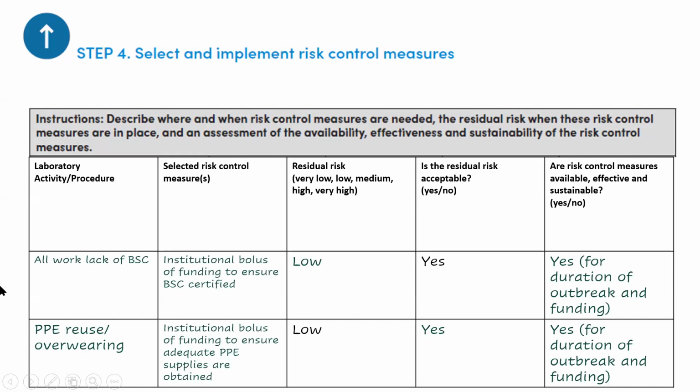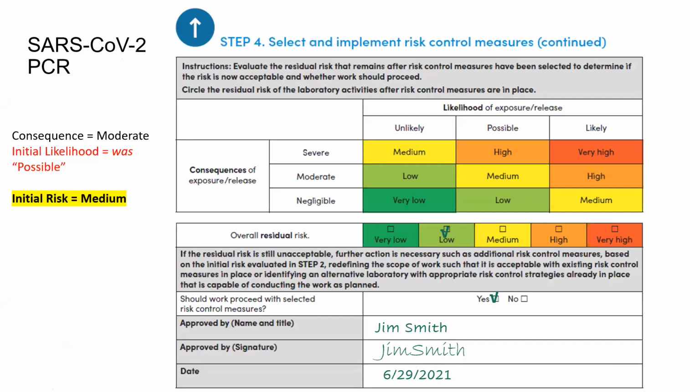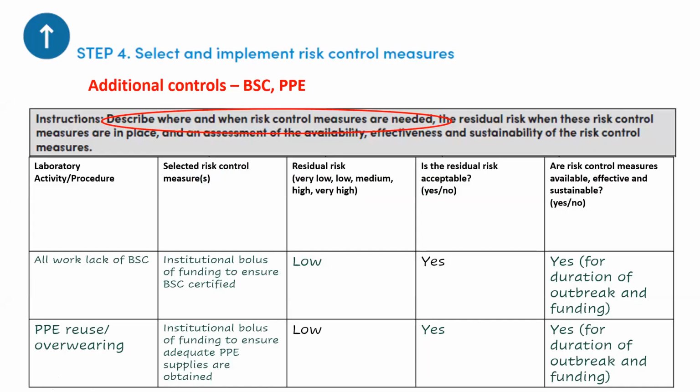The laboratory activities and procedures that they want to control, that they need to add additional controls to based on their initial risk are lacking a BSC and PPE reuse and overwearing, as we mentioned.